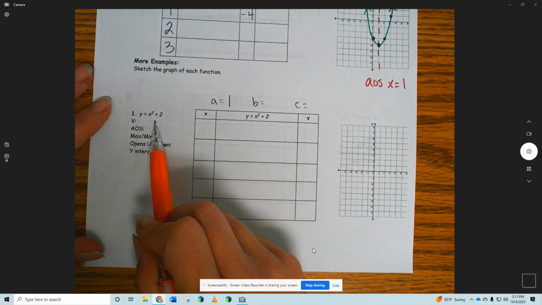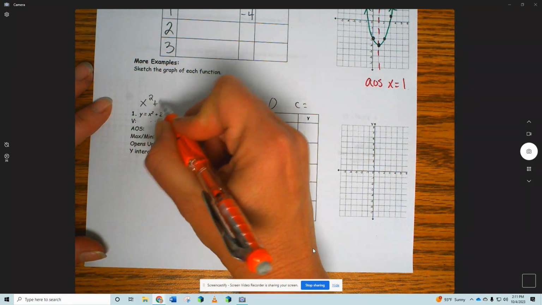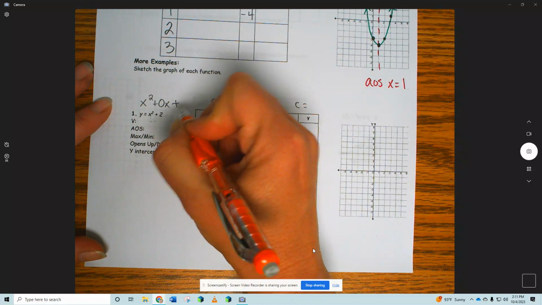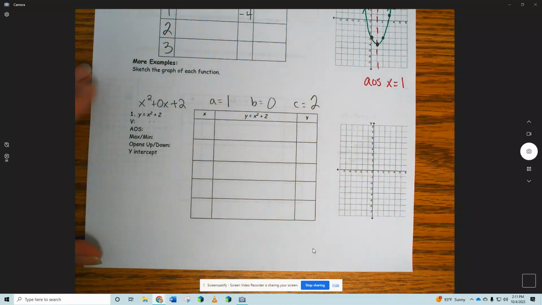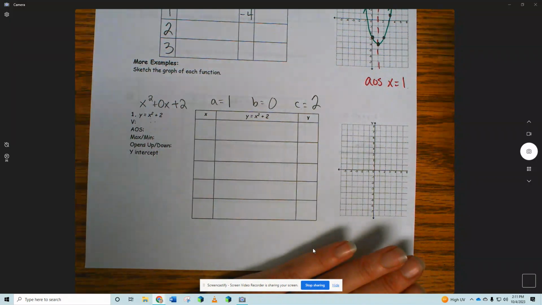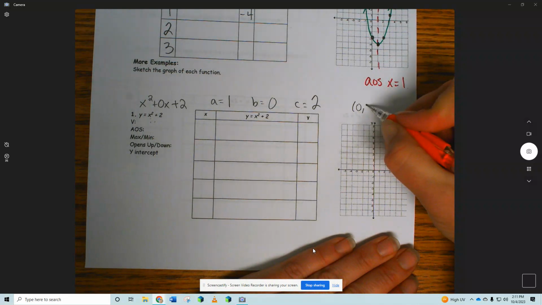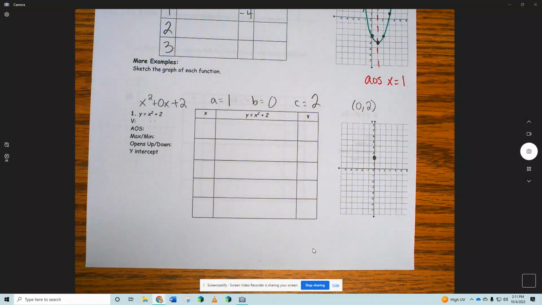B is 0, because there is no X. C is 2. Oh, isn't that my y-intercept? 0, 2 is my y-intercept. I'm just going to plot it now because I know.